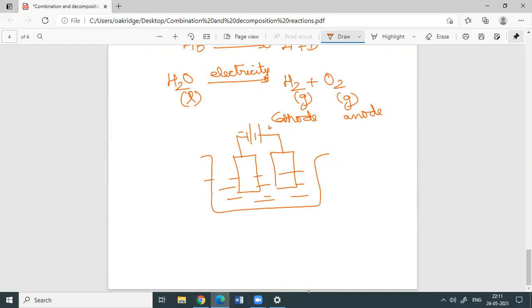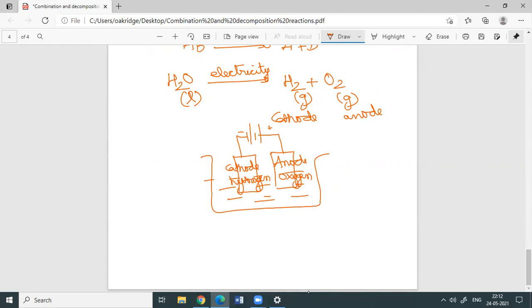You will learn this later when the metals and non-metals chapter comes. I'll give a detailed explanation for this. So here at the cathode, hydrogen is evolved, children, and at the anode, oxygen is evolved. Okay, so this is how all the reactions take place.